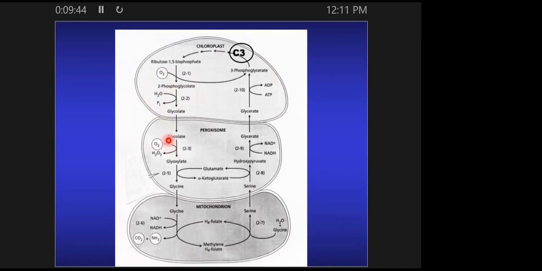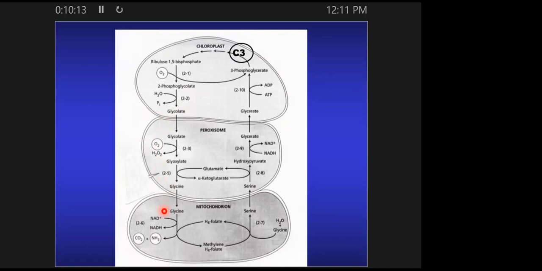So what I'd like you to know is, what are the products that are leaving each organelle? Okay, so in this case, we would say glycolate is leaving the chloroplast and entering the peroxisome. And then glycine is the product in there that will leave the peroxisome and come into the mitochondria.